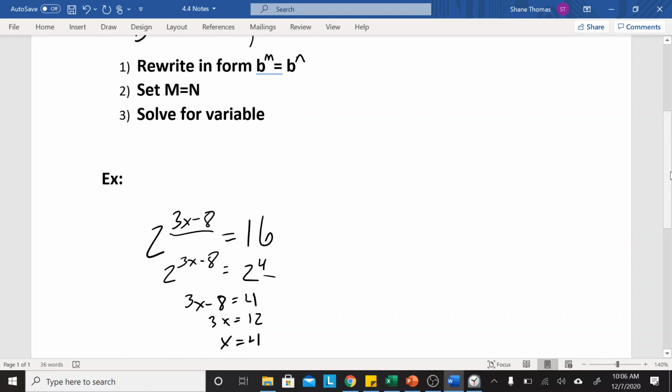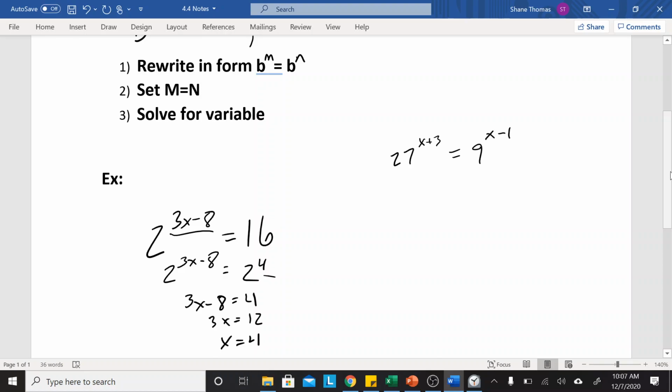All right, anyhow. So next one, let's go 27 to the x plus 3 power equals 9 to the x minus 1. Now, this one's a little trickier because I can't rewrite this on just one side, can I? 9 to a power is never going to be 27, and vice versa.